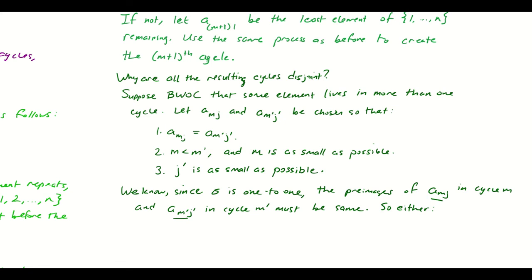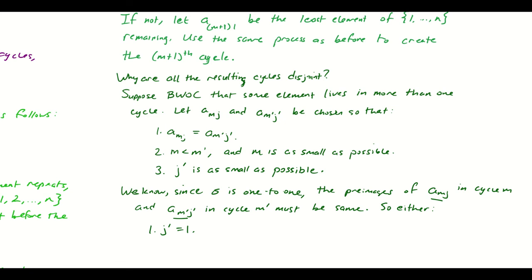Either, first of all, j prime equals 1. Well, that's not going to happen. If j prime is 1, that means that what I'm talking about here is the first element of a cycle, but I wouldn't make it the first element of a cycle if I'd already used it. Remember, my algorithm said, let the first element of each cycle be the least thing that hasn't been used yet.